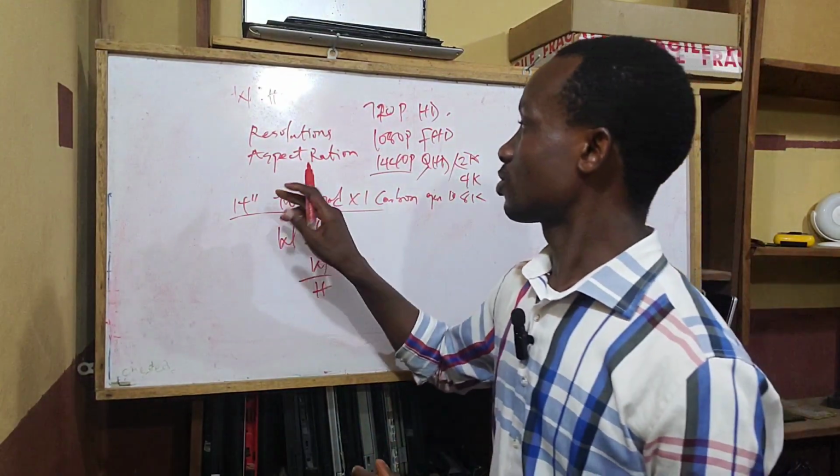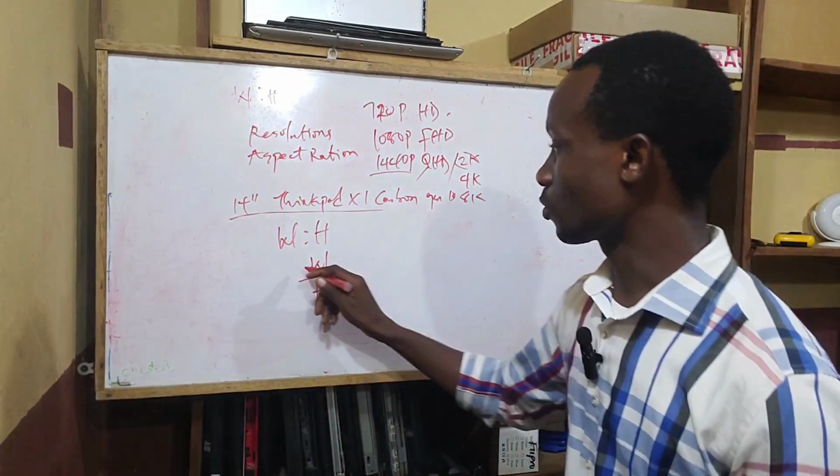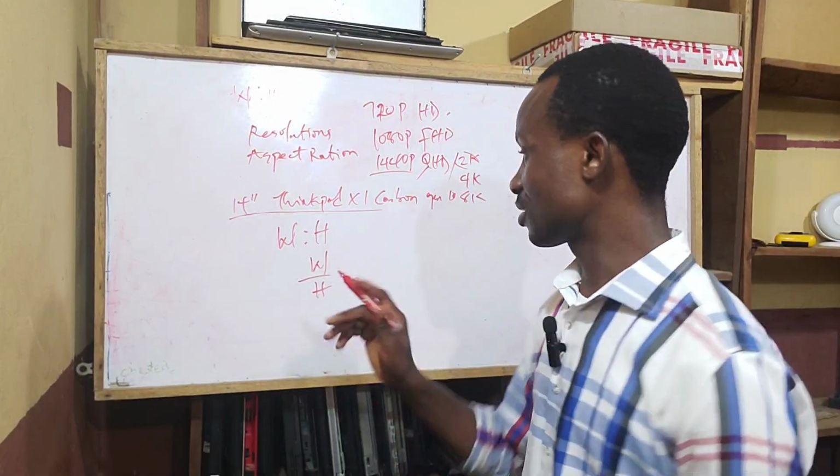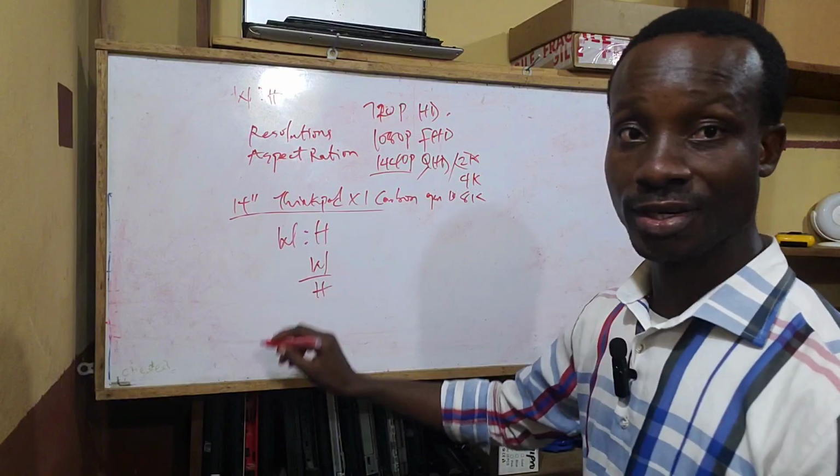Talking about the aspect ratio, it is the ratio between the width and the height. Let's say for example, this is a screen.